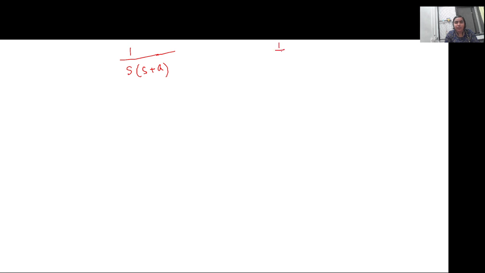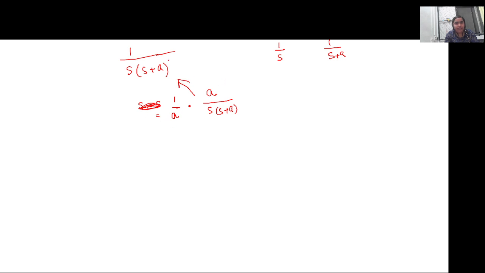You know how to take the Laplace inverse of 1 by S or 1 by S plus A. So the best option would be to separate out this fraction. So in the numerator, if you write A, and you multiply it by 1 by A, right? S into S plus A. This is the same thing as what I have written here, right?